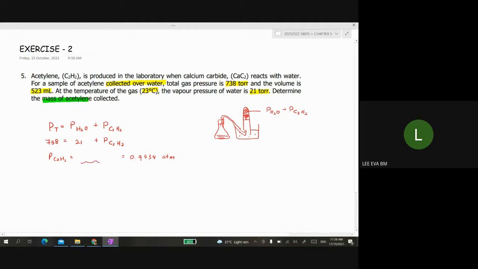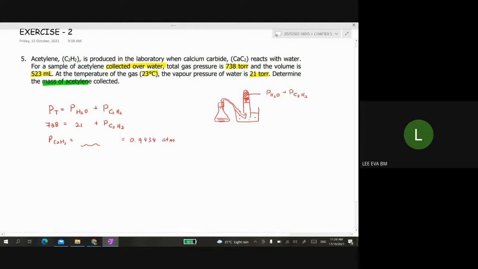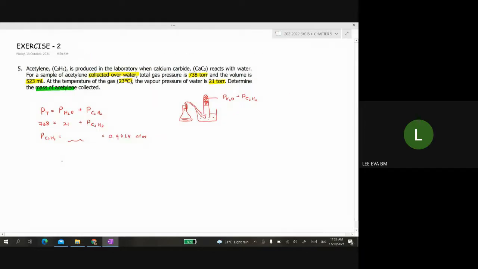Okay, so in order to get the mass, similar to our question just now, we need to find the number of moles of acetylene. So applying the same thing, your ideal gas equation, PV equals nRT. But in this case, pressure of acetylene, volume of acetylene as well, number of moles of acetylene, then gas constant and temperature.